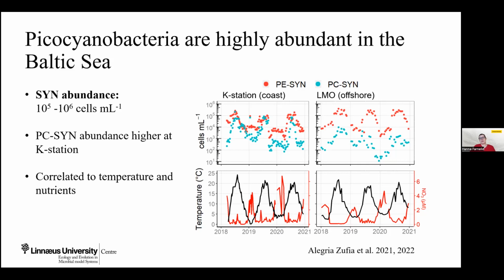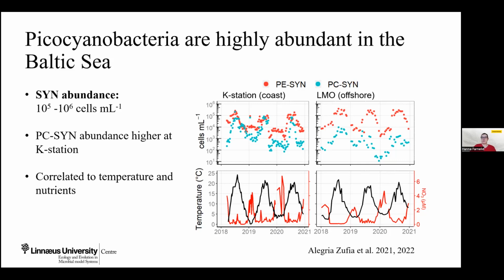And we looked then over 3 years what the abundance patterns were like. Here at the coastal station, you can see that the abundance of the red and the green Synechococcus were almost as high a lot of the times of the year.